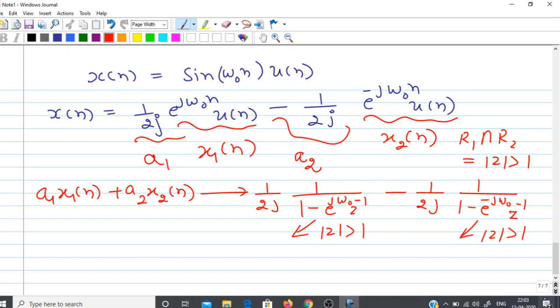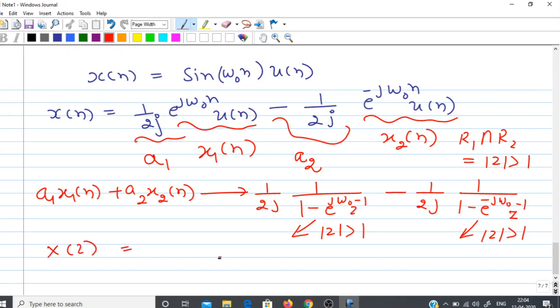And we will see that if there is no pole-zero cancellation, then the ROC would be exactly the same as that of R1 intersection R2. And if there is any pole-zero cancellation, then it may be larger than that. Now we simplify this expression. This expression on the right hand side I call X(z).